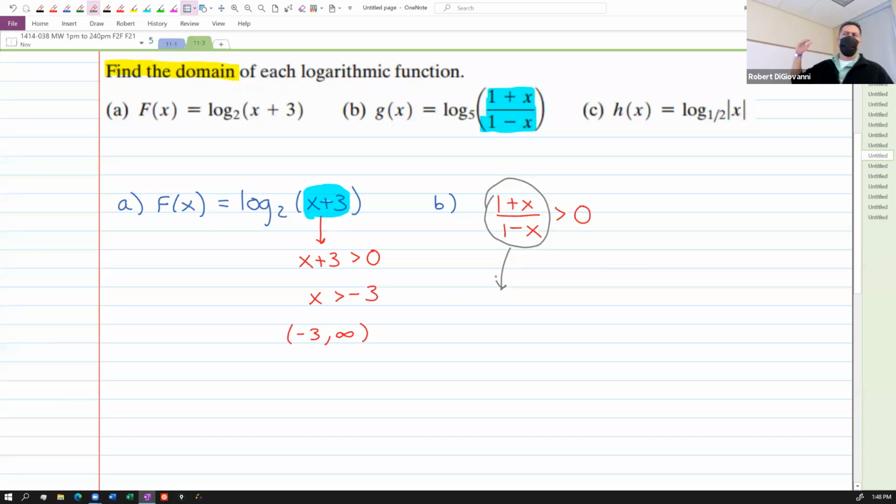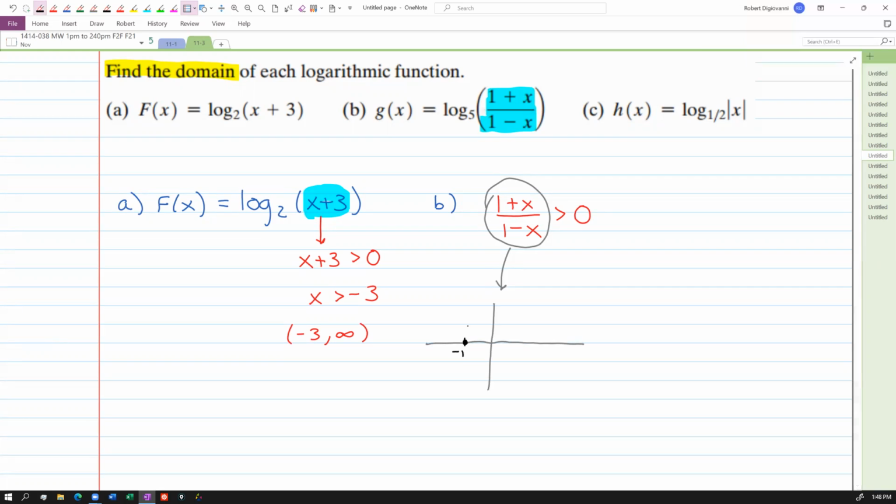I'm not going to go through all the steps to graph it, just the basic steps. If I were to graph it, I would have an x-intercept where? -1. That's where the numerator is 0. Where would I have a vertical asymptote? +1.